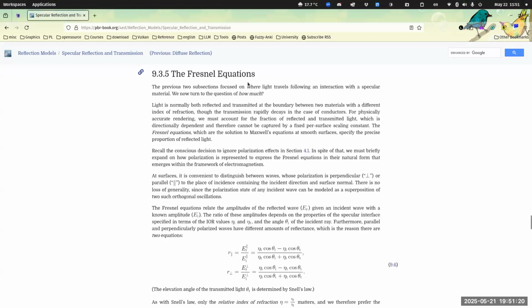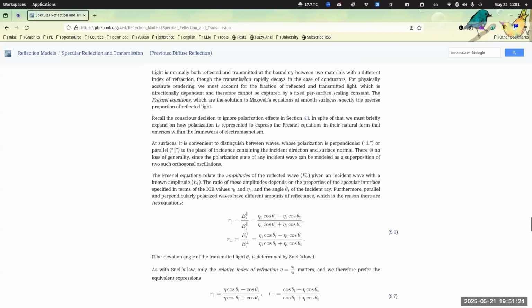Light is normally both reflected and transmitted at the boundary between two materials with different IOR, though the transmission rapidly decays in the case of conductors.